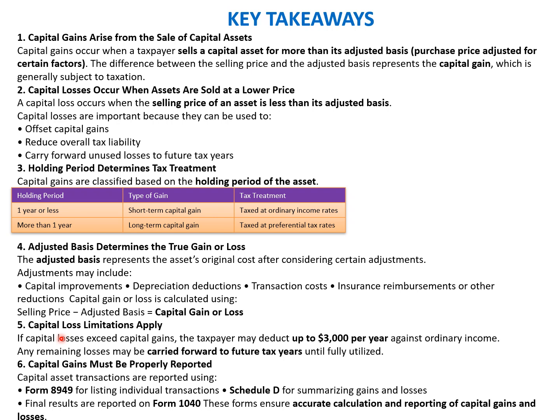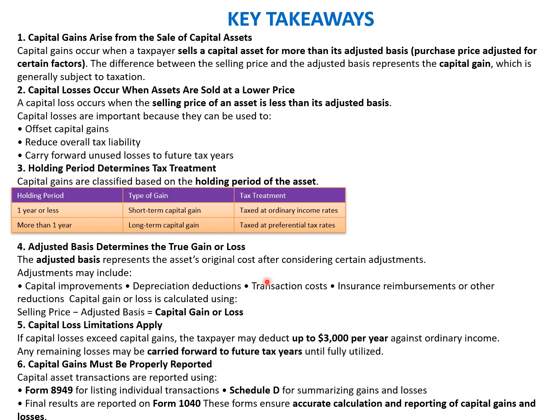And if losses still remain, they will be carried forward. The carry forward with respect to the US is indefinite. There is no limit to it, and for each year the applicable limit of adjusting through ordinary income will apply if the capital gains are not there. And a capital gain must be reported in Form 8949, which is summarized in Schedule D, and the final information is reported in Form 1040.